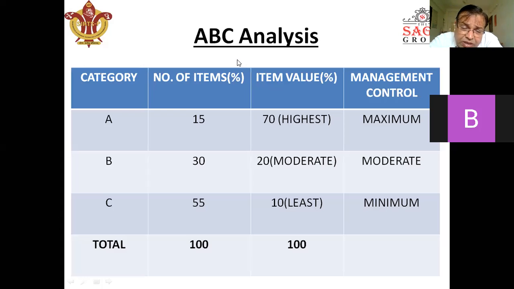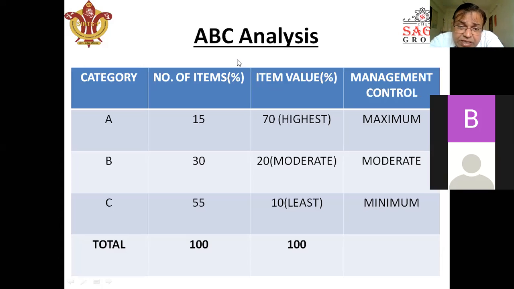You have to keep these items in this manner in your shop. If you are spending 100% of your capital, your investment is 70%, 20%, and 10%, like maximum, moderate, and minimum. You can see the example.